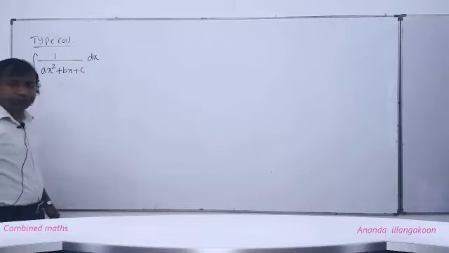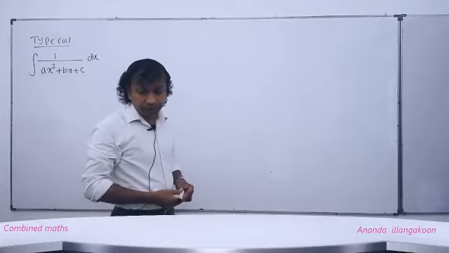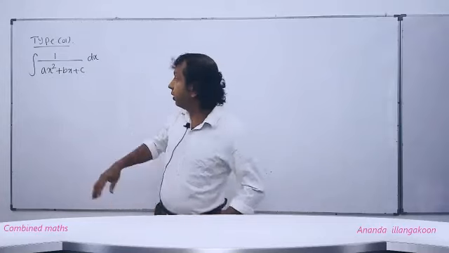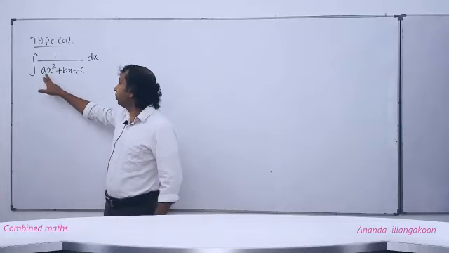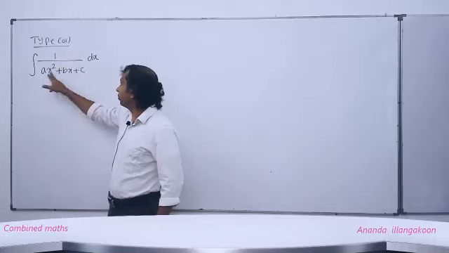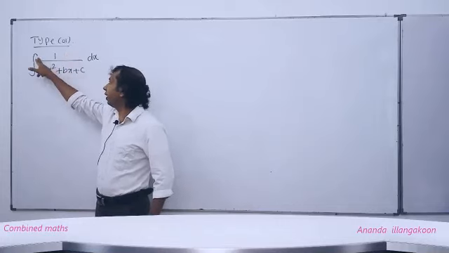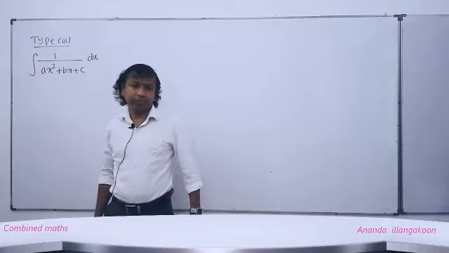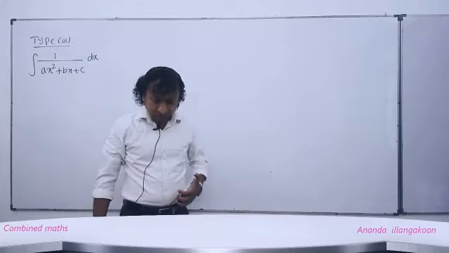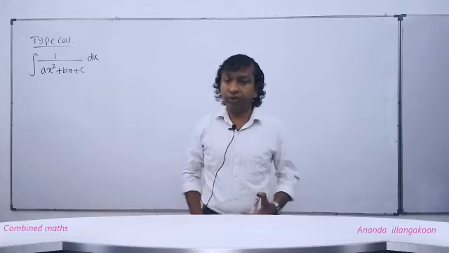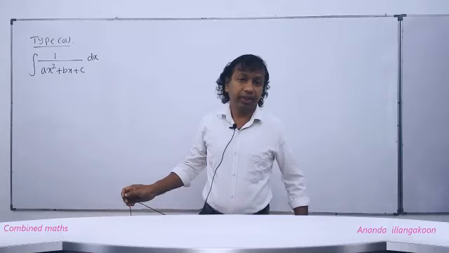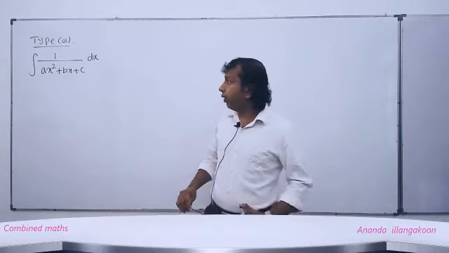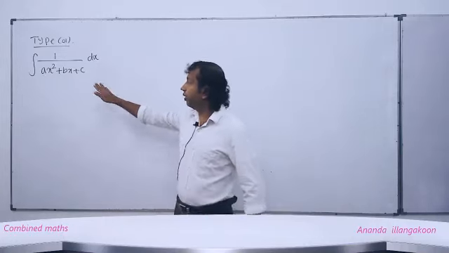In the denominator we have this quadratic expression, 1 upon quadratic expression. This is our integrand now. First type is this. Different types of integrating the functions, only the heading there. The first type is this.